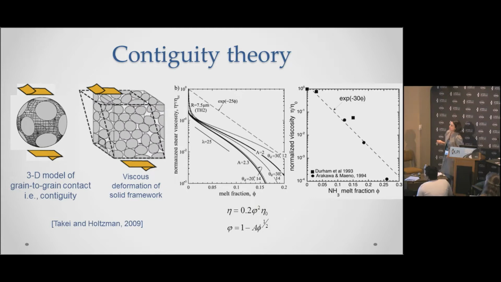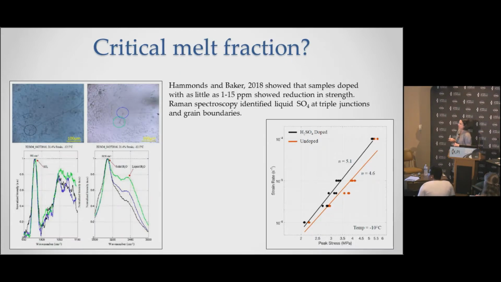One question they had, though, was if there is a critical minimum of melt fraction that would give you this response. And I know this is working on the side that probably most of you don't care about, but I just think it's super exciting because a recent paper coming out of the Dartmouth group answers that for, at least for the ice system, it's an incredibly small amount. So they looked at just 1 to 15 parts per million doped ice with sulfuric acid.